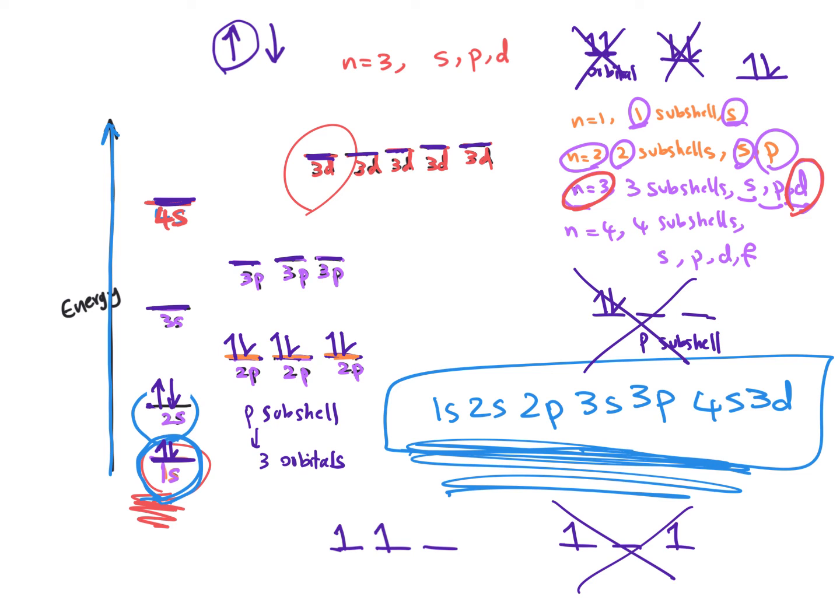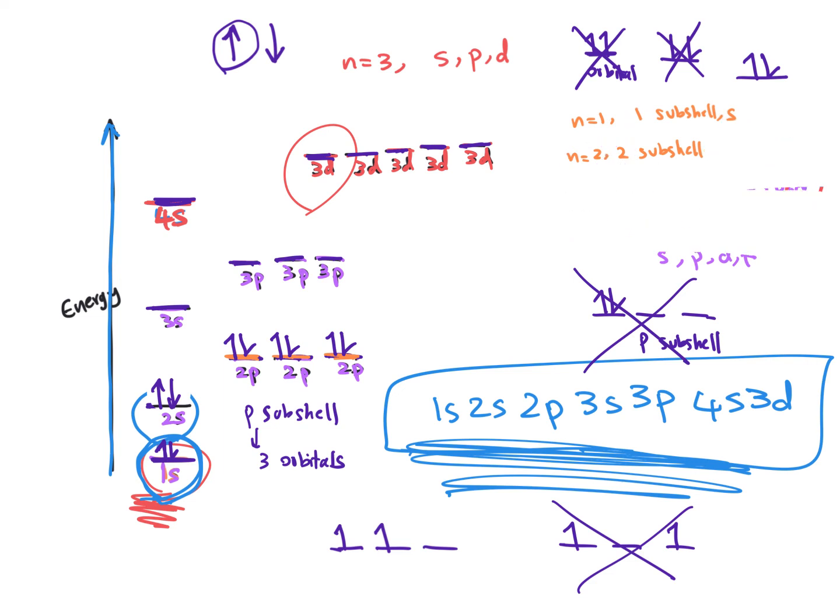Does that? No? Okay. For instance, here, imagine I want to put 5 electrons in 3d, okay? Let me erase this so I can demonstrate better what I want to say.